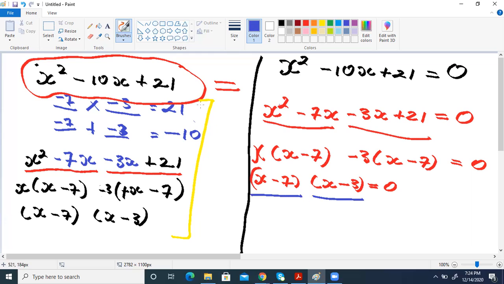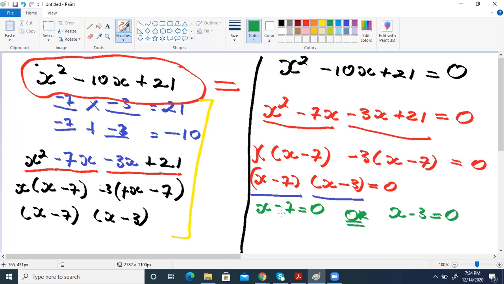So the next step would be to say x minus 7 is equal to 0, or x minus 3 is equal to 0. So both of the brackets represent possible solutions, and you work out both possible solutions.